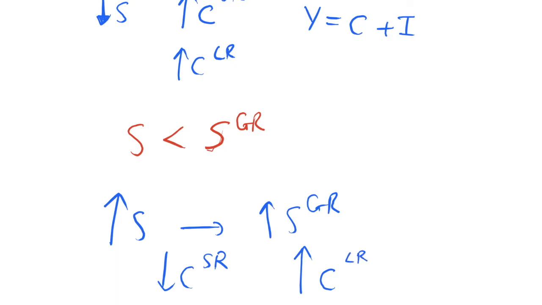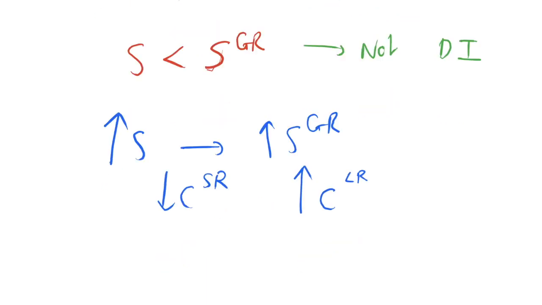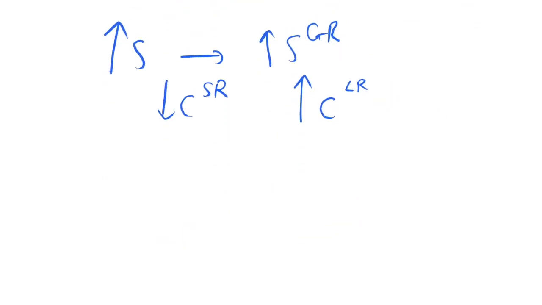So we have a sacrifice that has to be made there in order to increase future income and future consumption. So this economy is thus not dynamically inefficient. So that's the golden rule steady state in the balanced growth path of the Solow growth model.